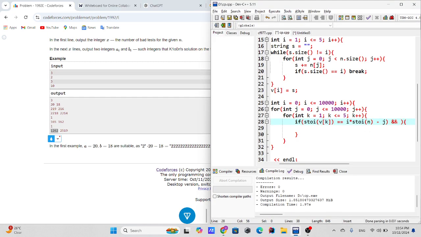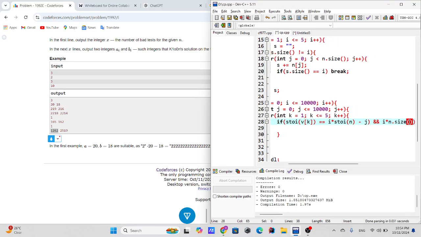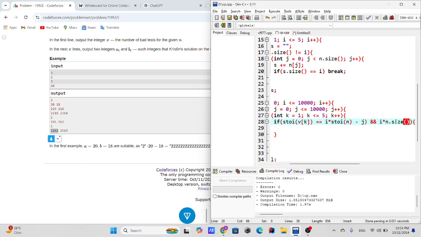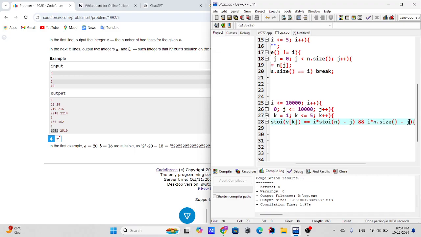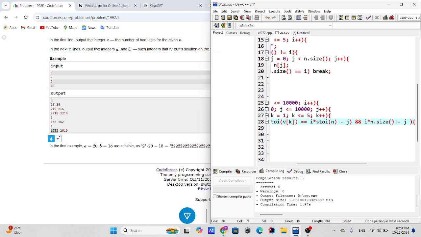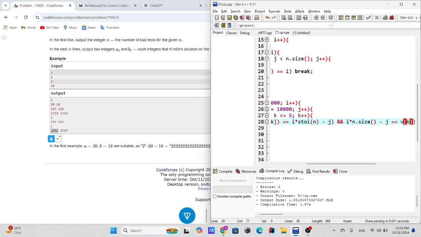And e multiplied by n dot size. No, actually, minus j will be equal to vk dot size.